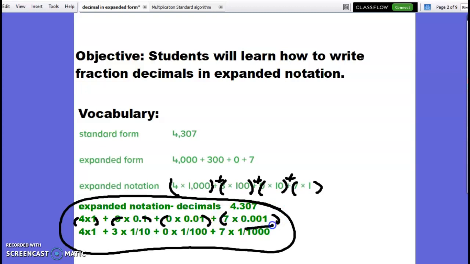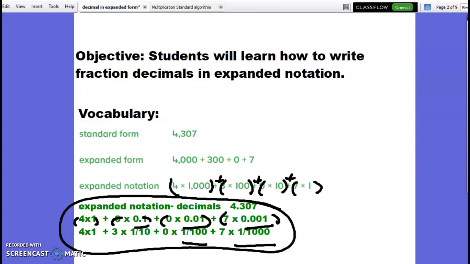This is written as they are in decimals, the value of each. And these are written as a fraction. So you have 4 times 1 plus 3 times 1/10 plus 0 times 1/100th plus 7 times 1/1000. So again, I would like you guys to take a moment and write those.